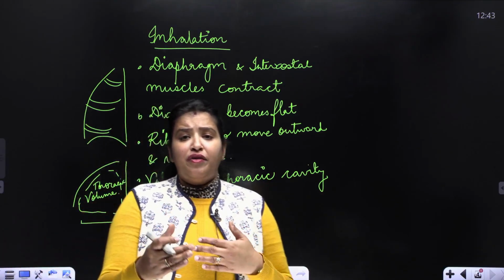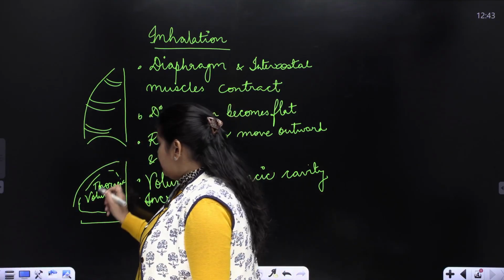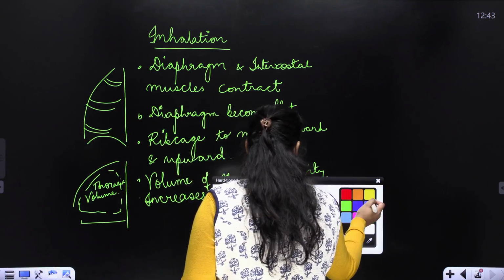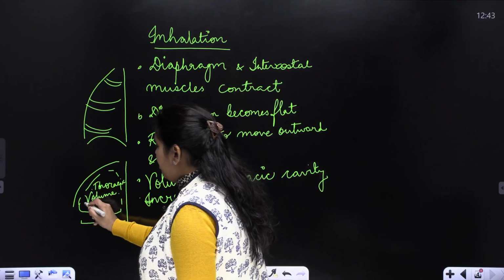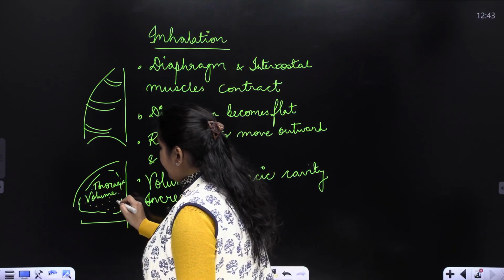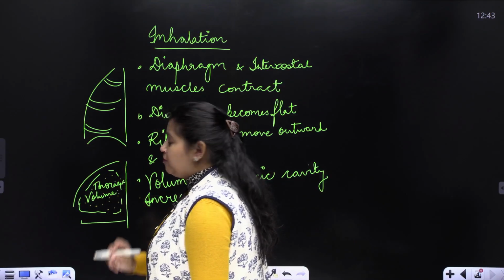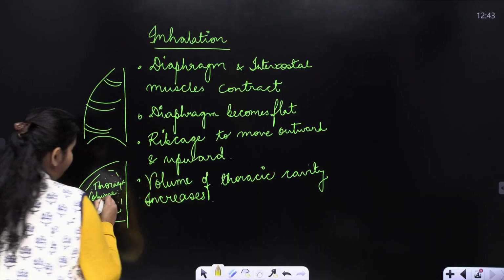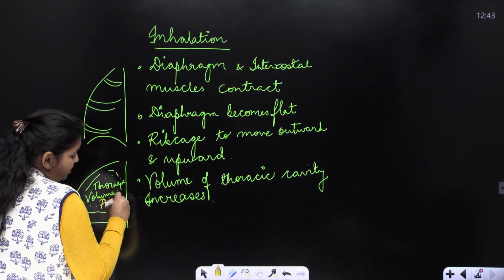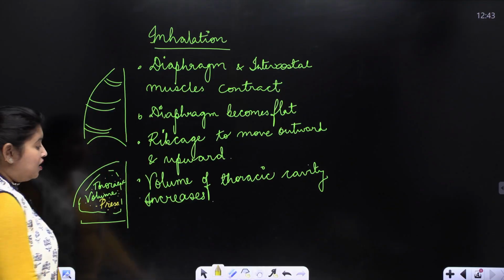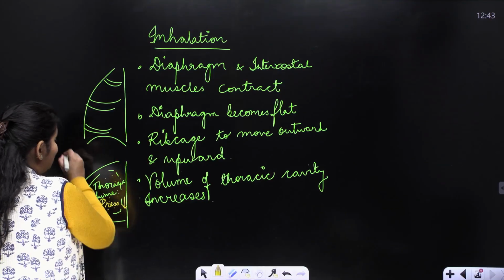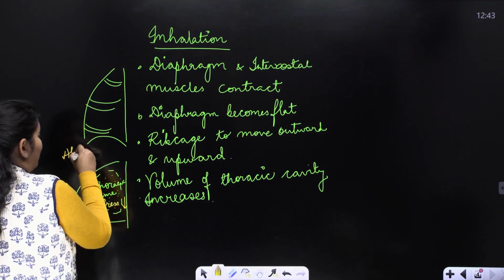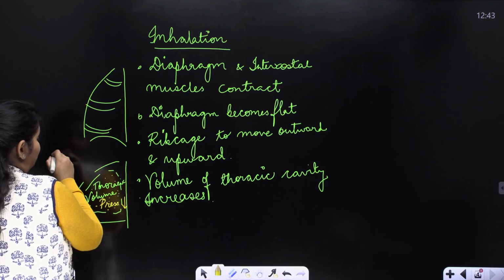When the volume increases, you know, air was present here in the lungs. So, when the volume increases, the air gets more space. As a result, the pressure of air inside the lungs decreases as compared to the atmospheric pressure.